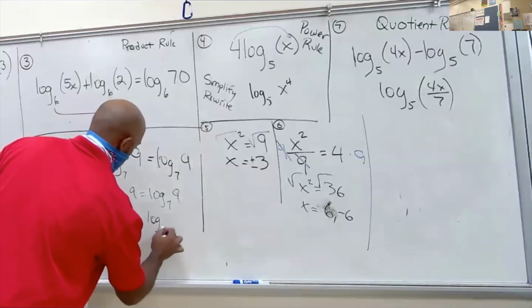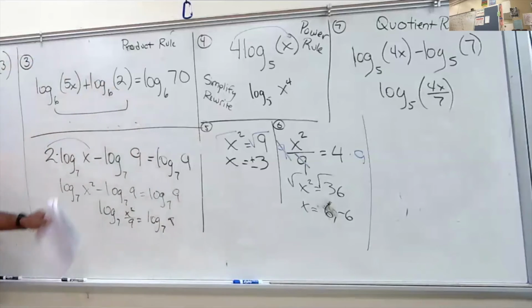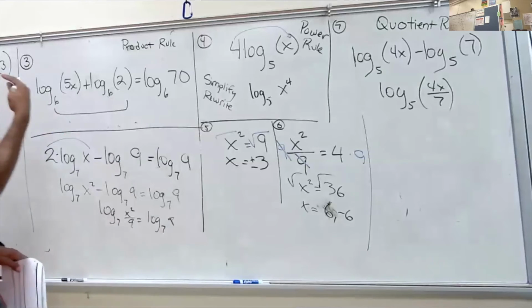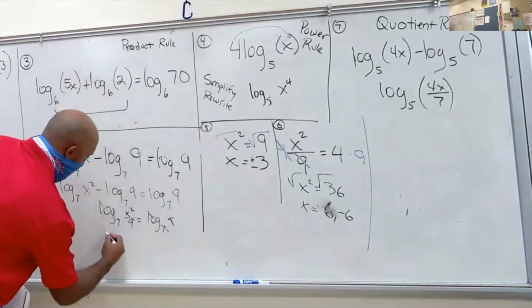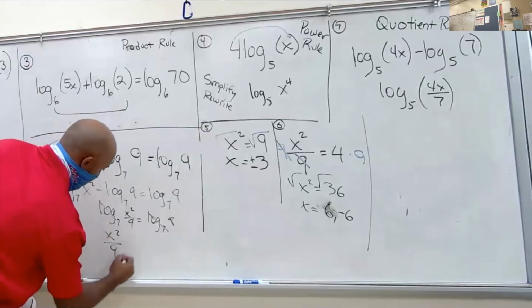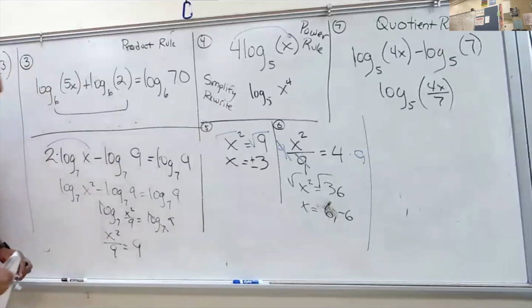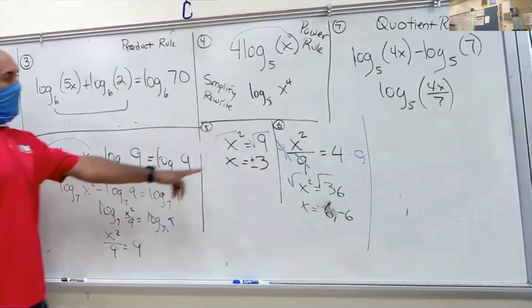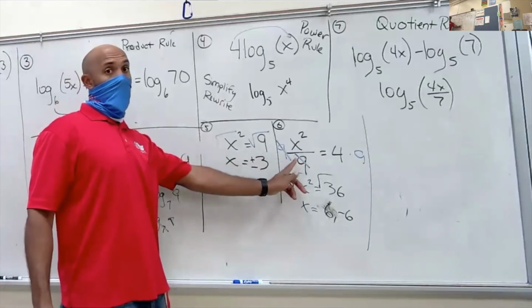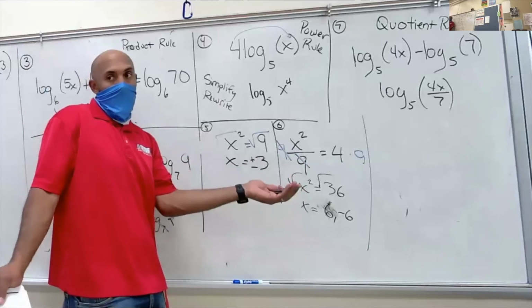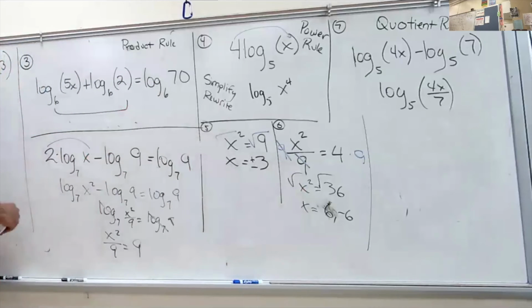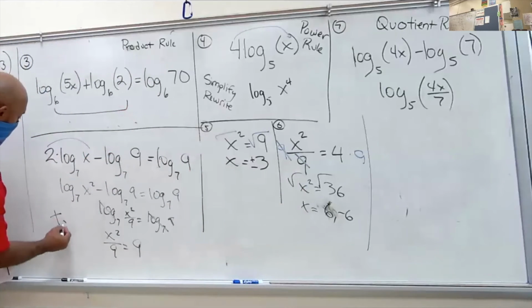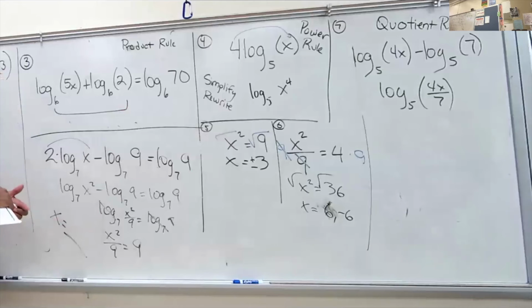Now you have one log on each side, just like we did, where we can just cancel them. Now finish the rest, just like we did here. You could cross multiply, or multiply both sides, however you want to do that, and then square root. So finish that, you guys at home, and then write down your answer.